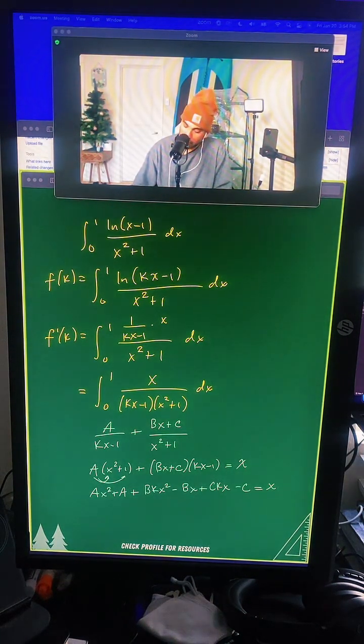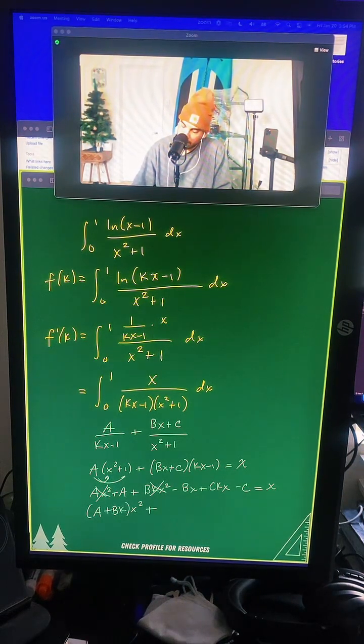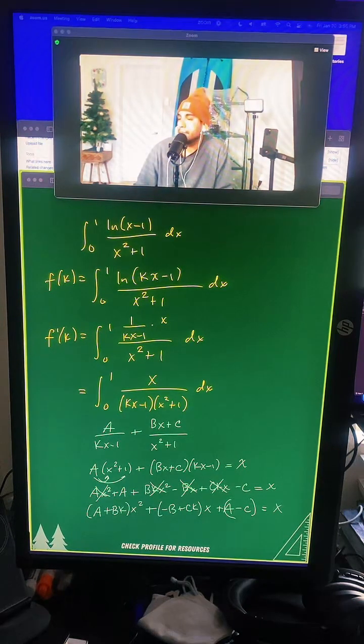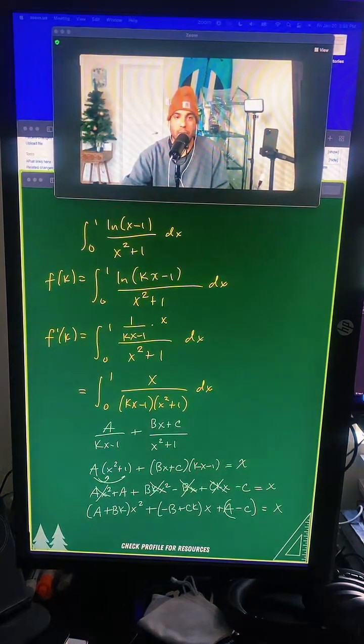Now I'll combine all this. So a plus bk times x squared, those are all my x squareds combined, plus negative b plus ck times x, plus a minus c is equal to x. Okay, let's make this a little smaller.